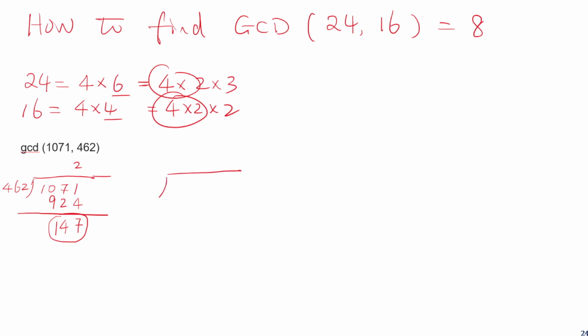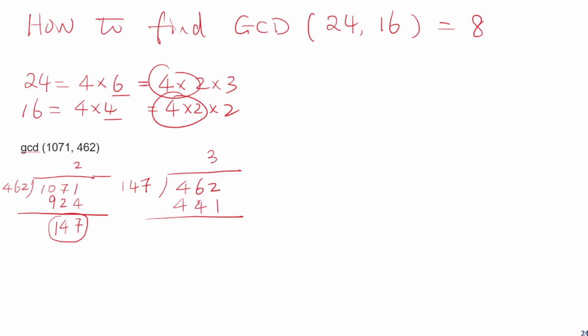Then use the 462, the divisor, as the new dividend, divided by the remainder here. Then try to find the result and remainder again. So here we can put a 3, and we will get 441, right?